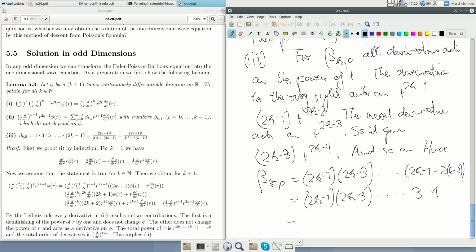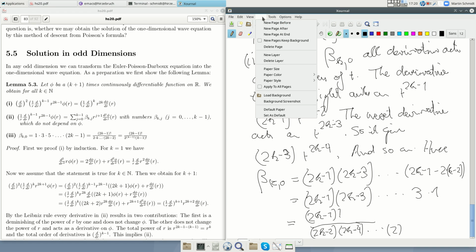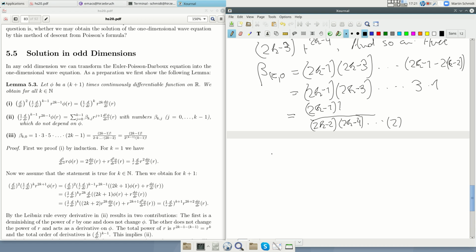Now, how can we write this? We can write this as (2k minus 1) factorial, but then of course we have to divide out the even factors: 2k minus 2, 2k minus 4, and so on, and the last factor is 2. Let's collect these factors again.